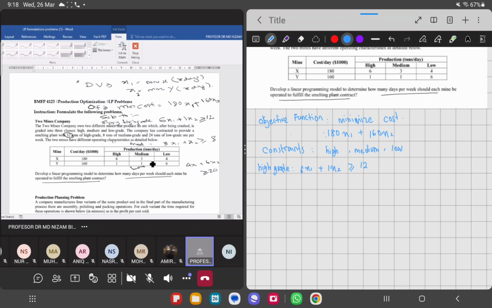Okay, so we have these constraints. What is the other constraint? x1, x2 must be greater than or equals to 0.